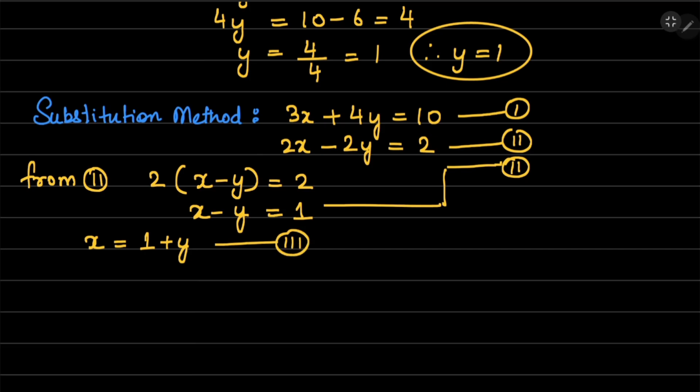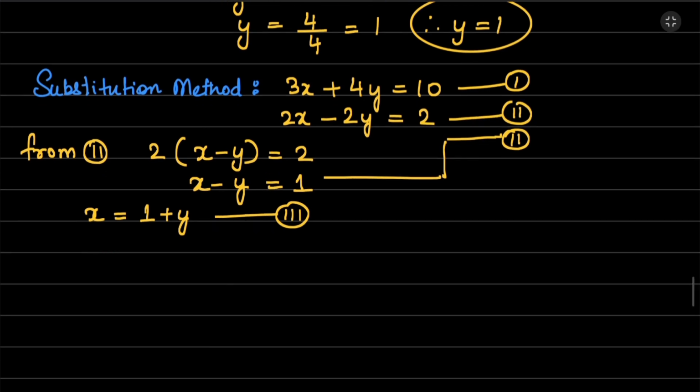The first thing in substitution, I am expressing x in terms of y from any one of the linear equations which looks easier for me to solve. Now I can put equation 3 in 1. Why am I not putting in 2? It is because it's equation 2 that I have used in order to express x in terms of y.